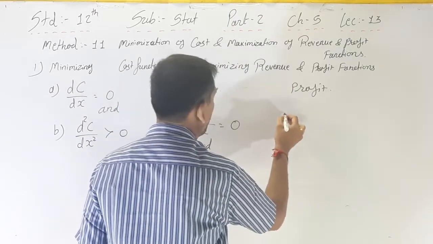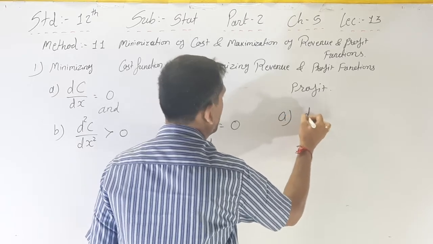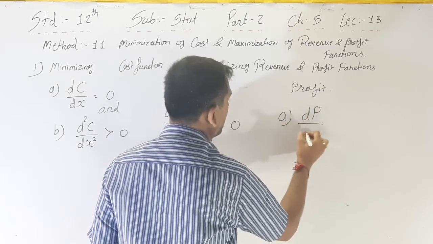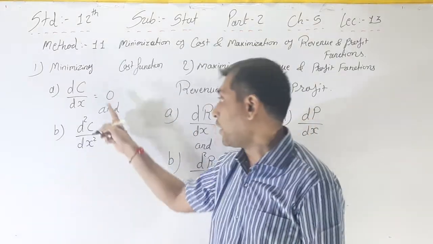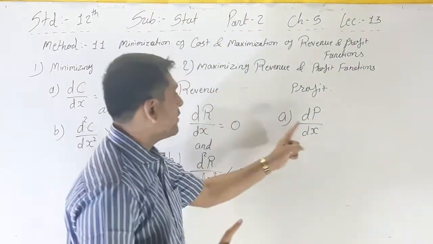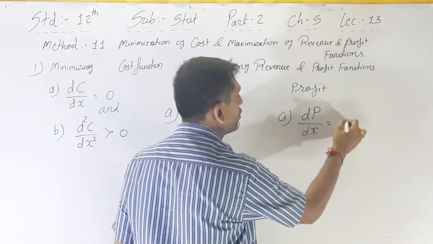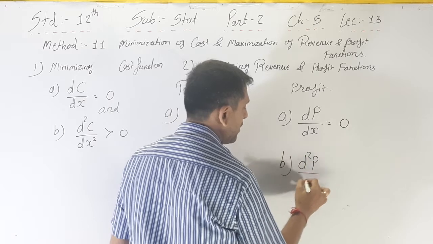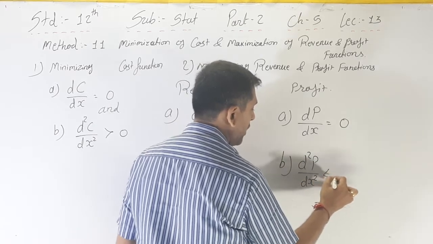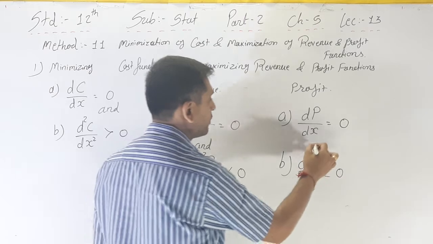Again, for the profit, dP by dx. See, here we have to use capital P, here capital C, then capital R, then capital P is equal to 0, and the second condition: d square P by dx square less than 0.